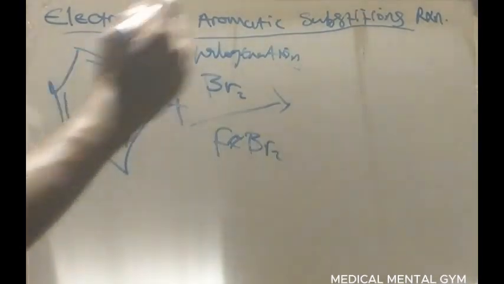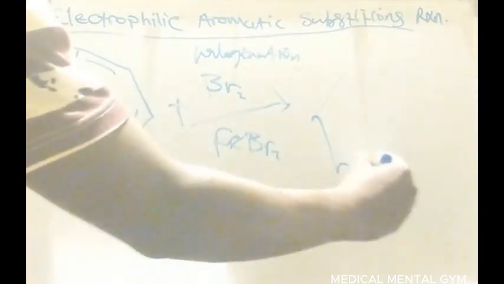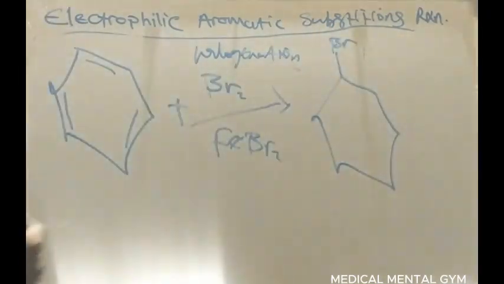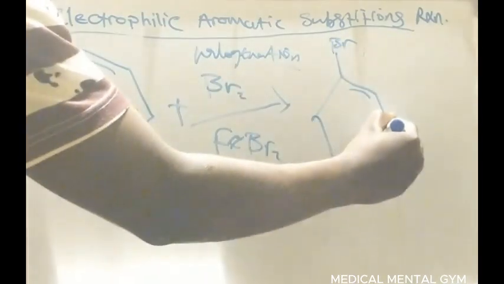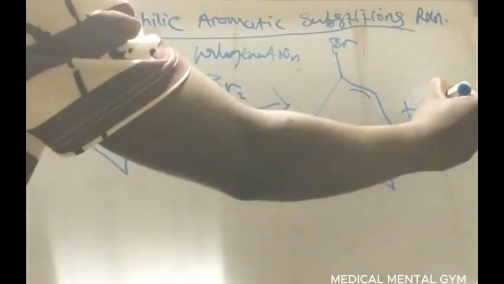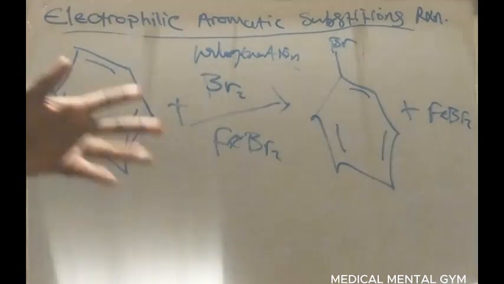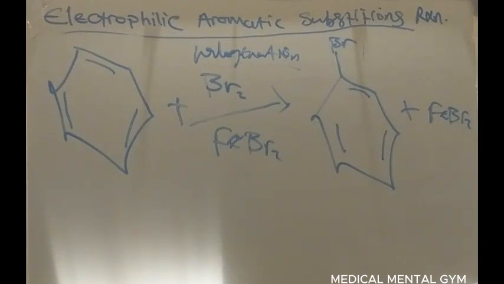The product I'm to attain is bromobenzene, and the catalyst iron bromide is unchanged throughout the reaction. So this is the full reaction of the halogenation of benzene. Let's look at the step-by-step mechanism of this reaction.